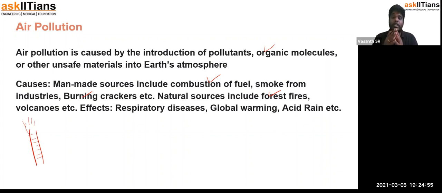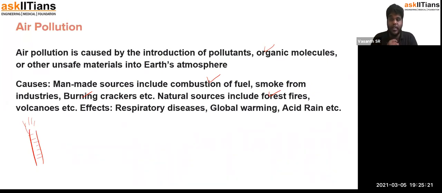When the sulfur dioxide gas mixes up with water, it forms sulfurous acid. And when the nitrogen dioxide, nitrous oxide, mixes up with water, it forms nitric acid. So these acids will have a harmful effect on the living organisms which are surviving, and they will be having a lot of problems.